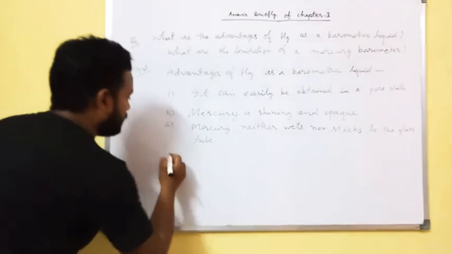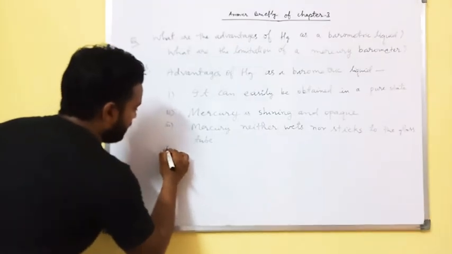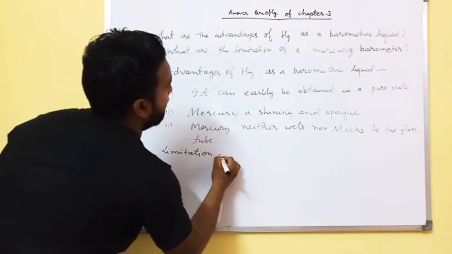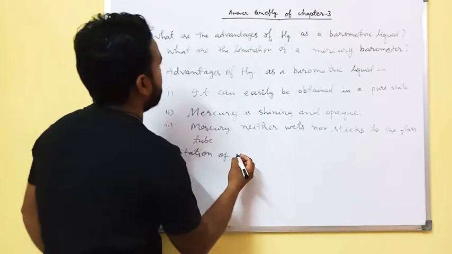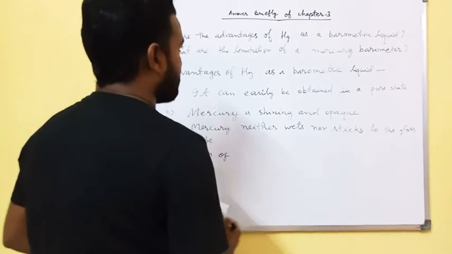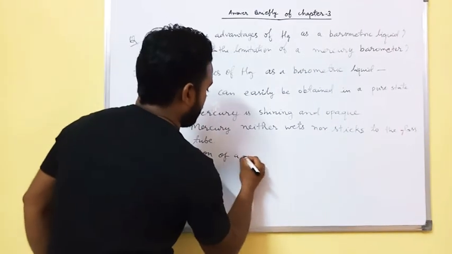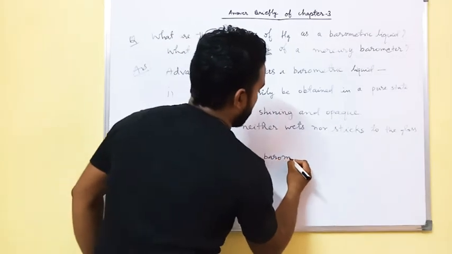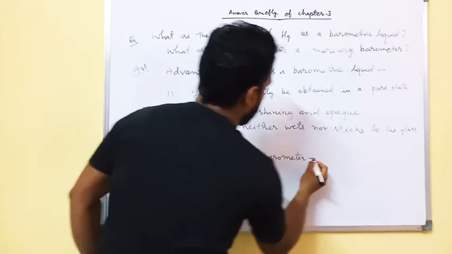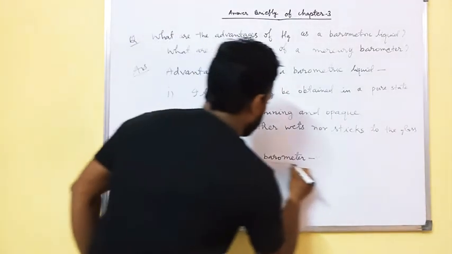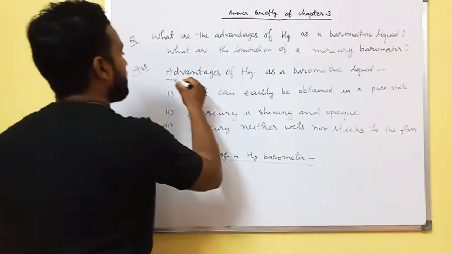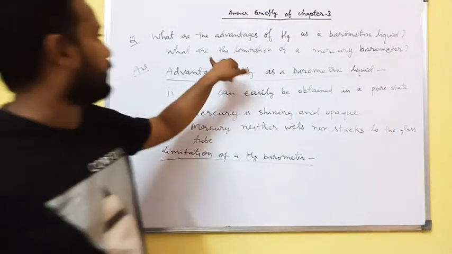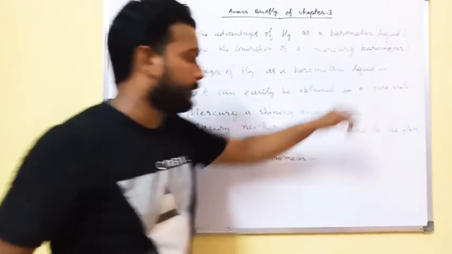Okay, now we have some limitations for a barometric liquid. So we have the next heading, limitations of a mercury barometer. Okay, what are the limitations of a mercury barometer?